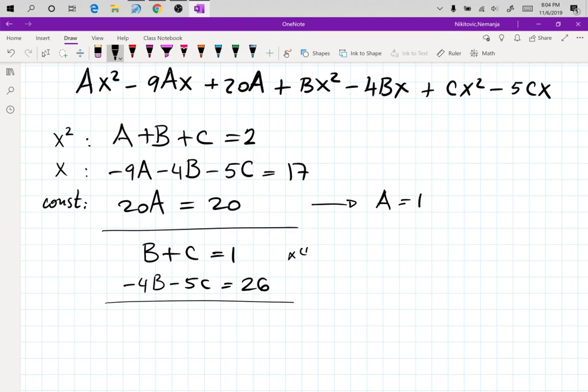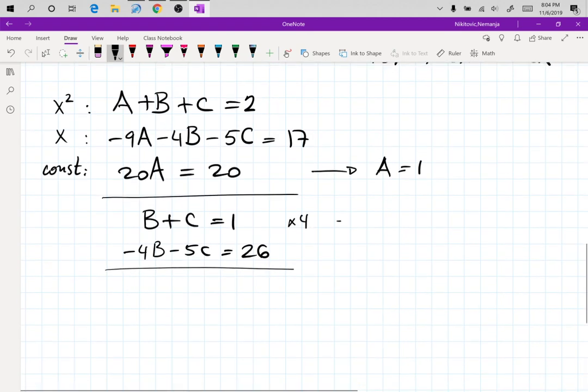Multiply the top one by 4 and add. So b's die. We have negative c is equal to 30. So c equals negative 30. One more time. B times 4 cancels. 4c minus 5c is minus c. And 4 plus 26 is 30.